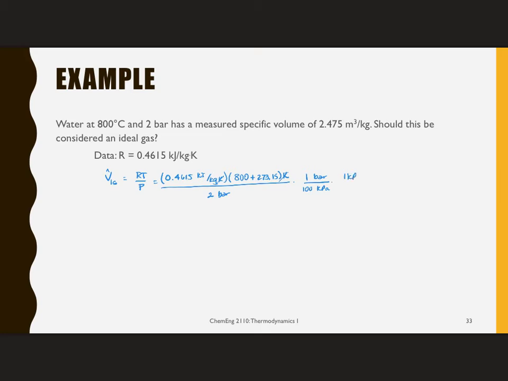And a kilopascal times a cubic meter is 1 kilojoule. So kilojoules cancel, kilopascals cancel, bars cancel. I'm left with meters cubed per kilogram. V for the ideal gas calculation is 2.47476 meters cubed per kilogram.